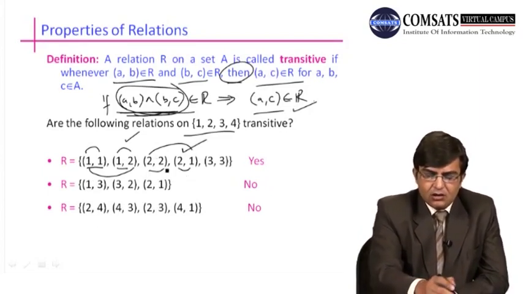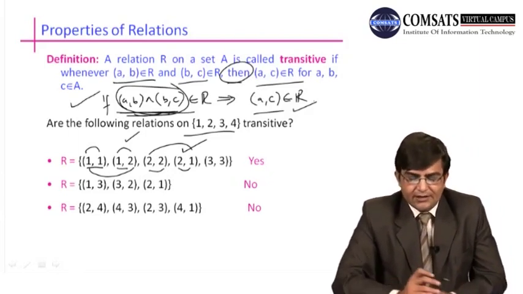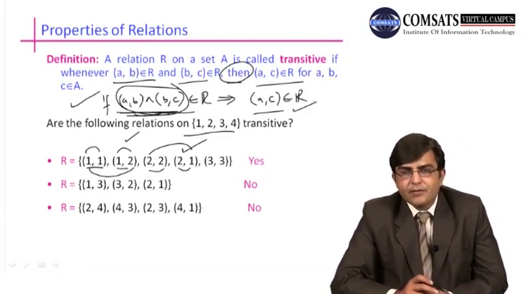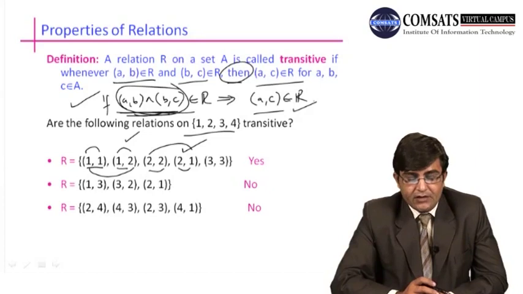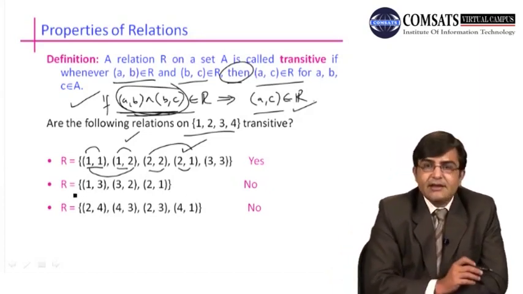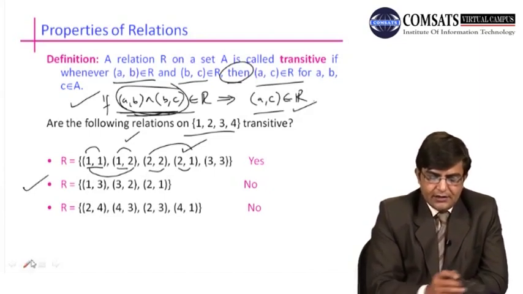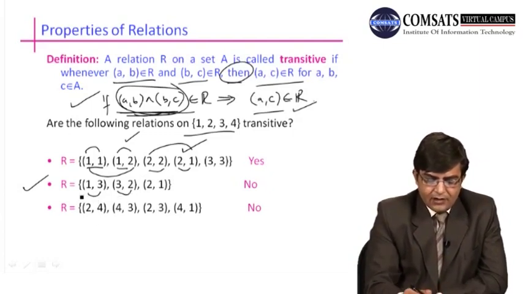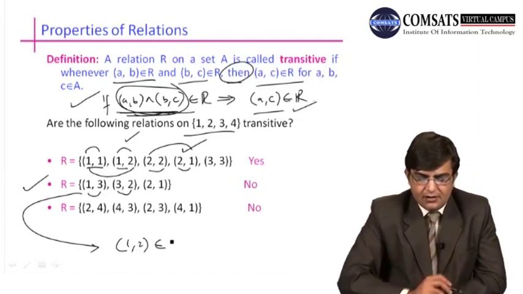Similarly, we can check all these possibilities for all elements, and we can check that this relation is transitive. Now we check the second relation. 1 is related to 3 and 3 is related to 2, so we must have 1 related to 2 in that relation also.